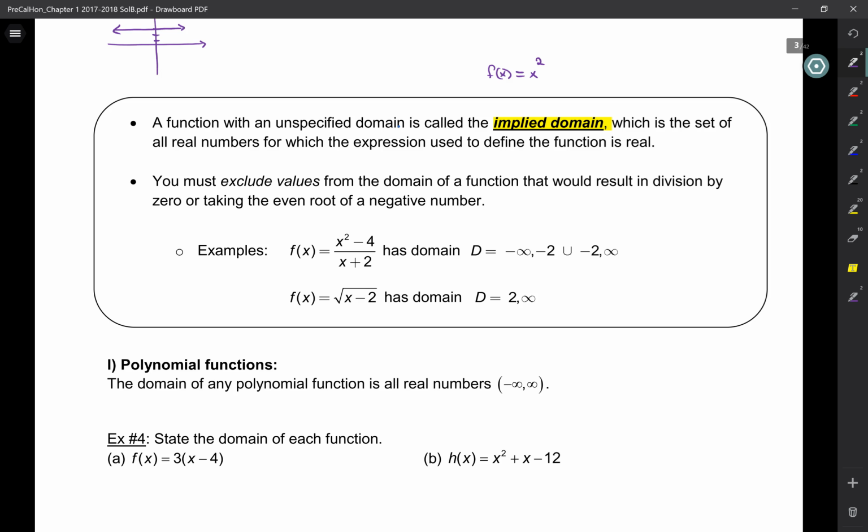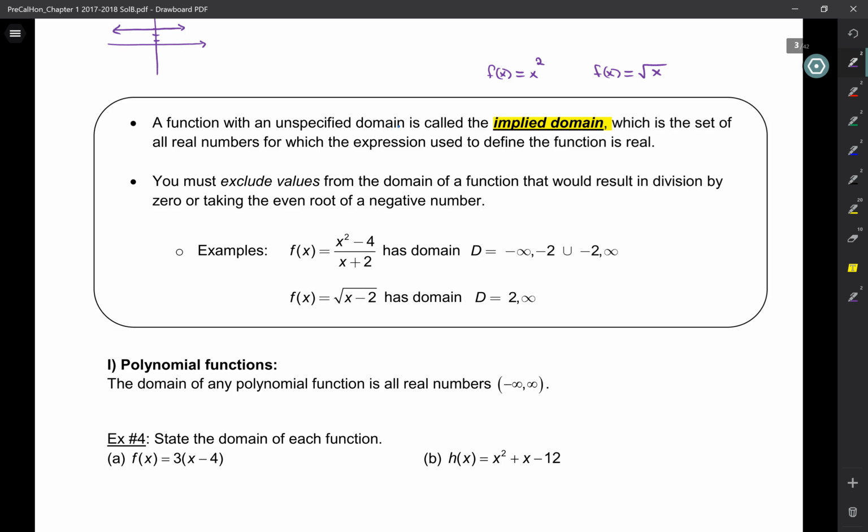That means the domain for this is all reals. As opposed to f of x is the square root of x. If I put in a 1, do I get back a real value? Yes. If I put in a negative 1? No. So the domain is all the numbers that give you back a real value.